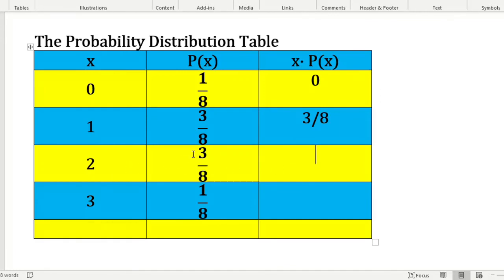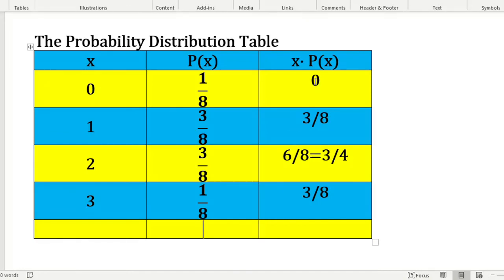And 2 times 3/8, 2 times 3 is 6, divided over 8. And this one, in simplest form, is 3/4. And lastly, we have 3 times 1/8 is 3/8.